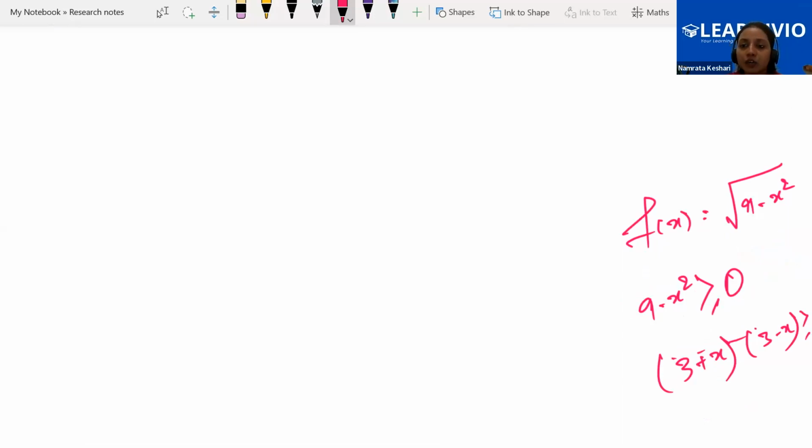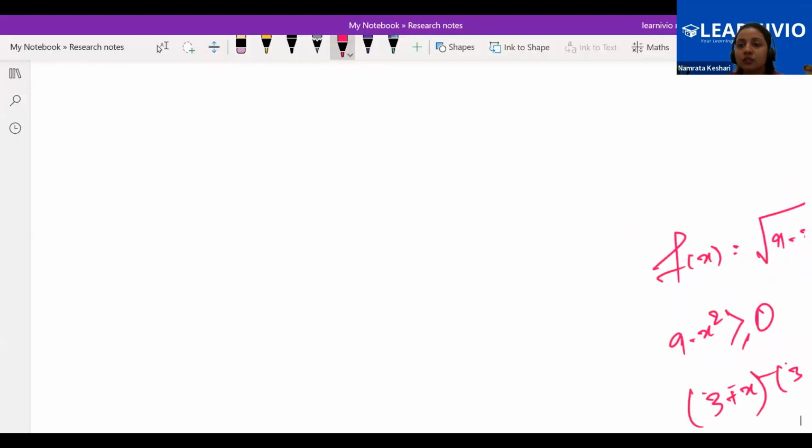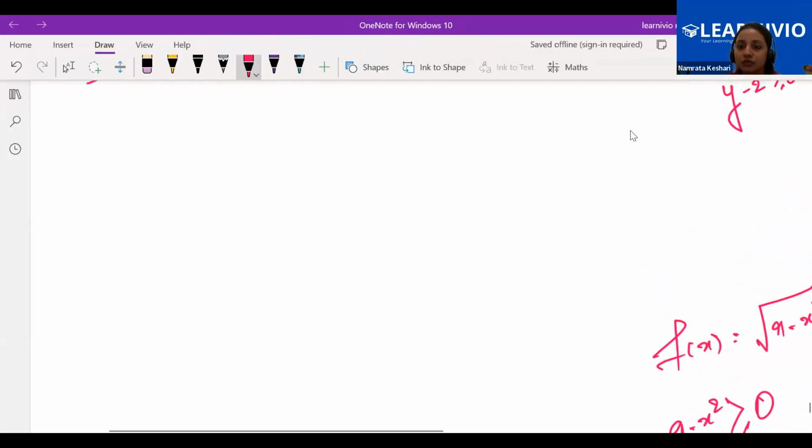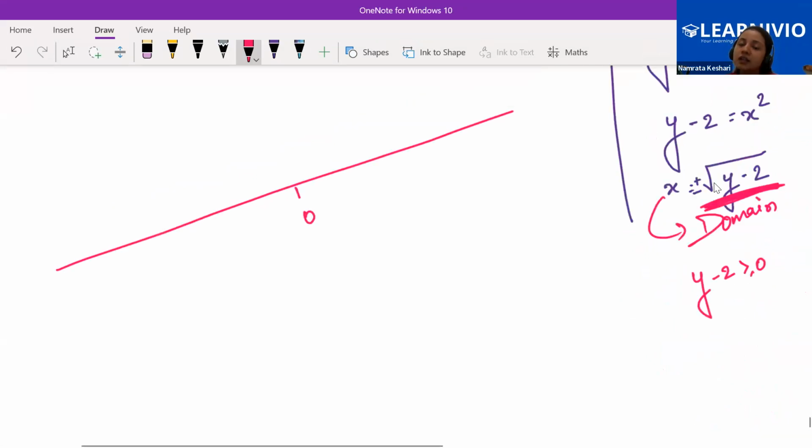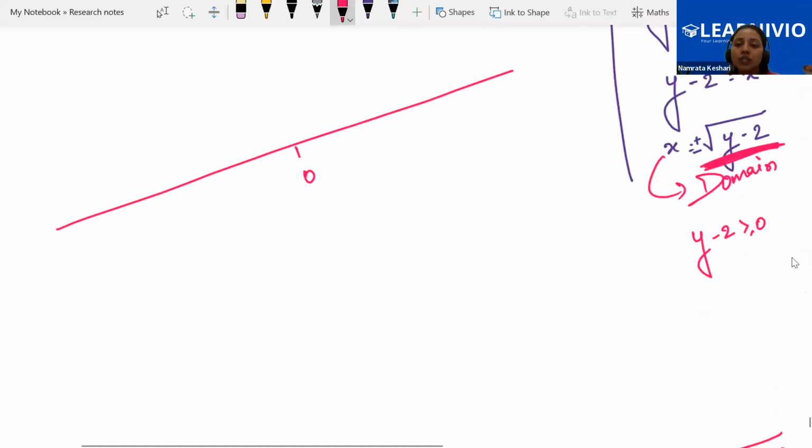Yes, Ali, Alina, and Naufal, are you there? Yes, ma'am. Here also we are just changing the representation of our equation, and we are thinking like a domain only. What can be the possible y value? We are thinking like a domain only, but this time about y.